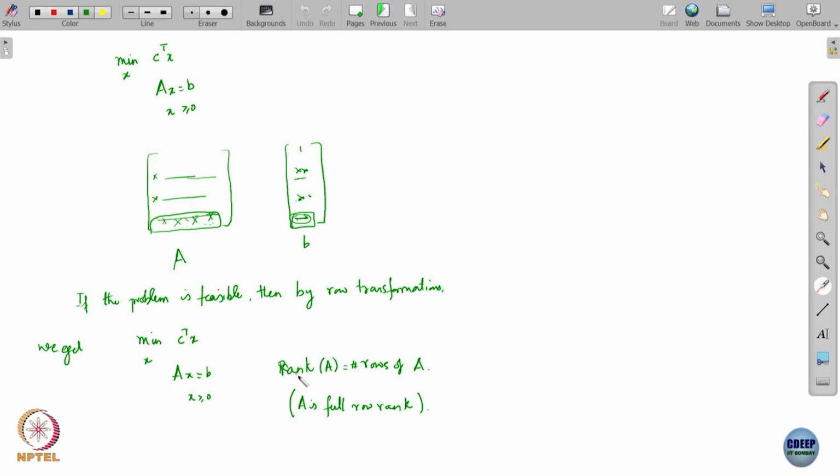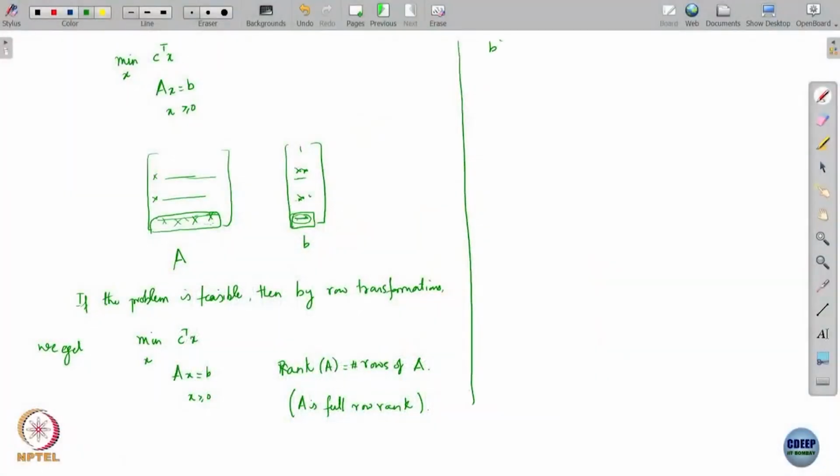What about b? In all these transformations, b has actually been left untouched. So, b can actually be taken as greater than or equal to 0, and this is without loss of generality. Can you tell me why?